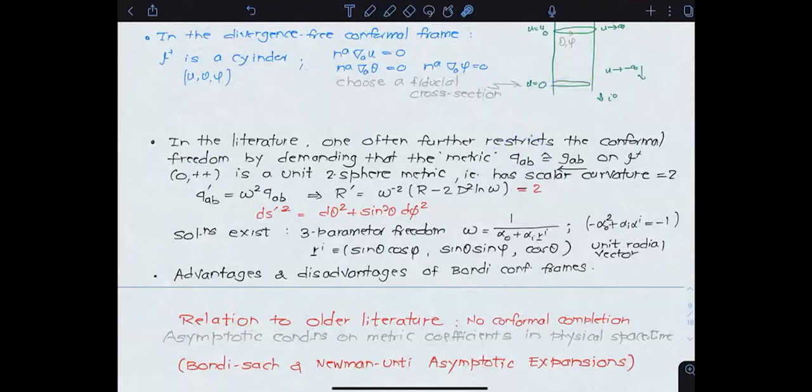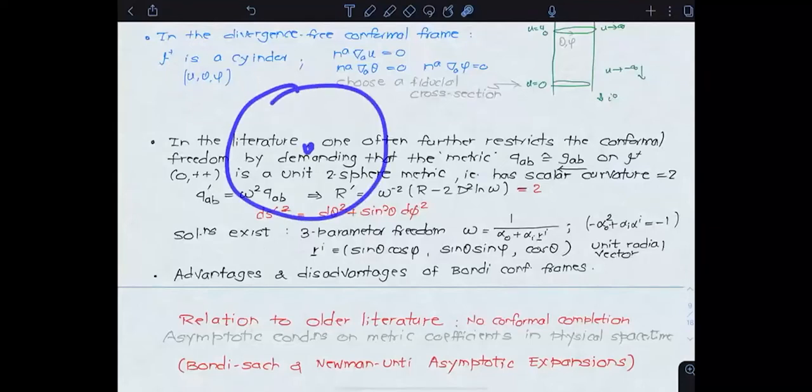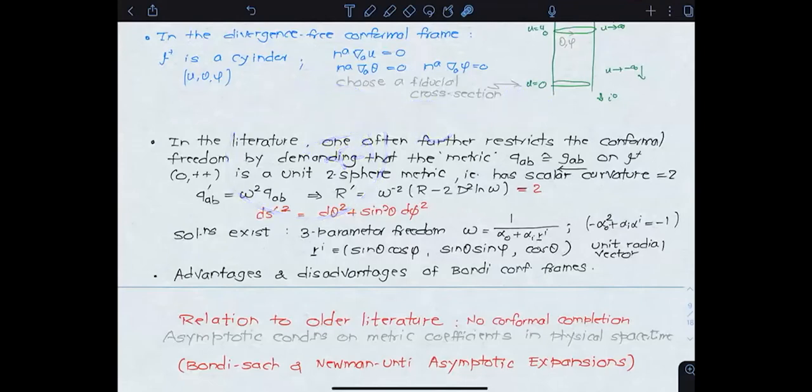And the statement is that given any two sphere metric, you can always make a conformal transformation by little omega to make the scalar curvature of the new metric constant. When that happens, you say that it is a round two sphere metric. And if in fact the scalar curvature is equal to 2, then that is just a unit two sphere metric. In Euclidean space, if you take a two sphere, r equal to 1, then you can calculate its scalar curvature and you'll find that the scalar curvature is 2.